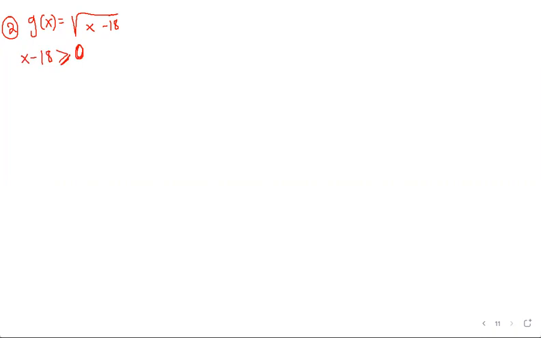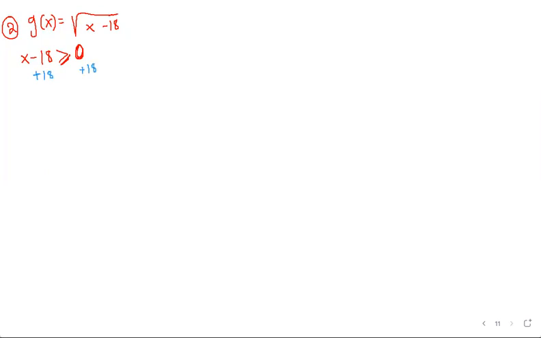Now, how can I solve the linear inequality? This is a linear inequality. How can we solve it? Add 18 on both sides. Exactly, I add 18 to both sides.